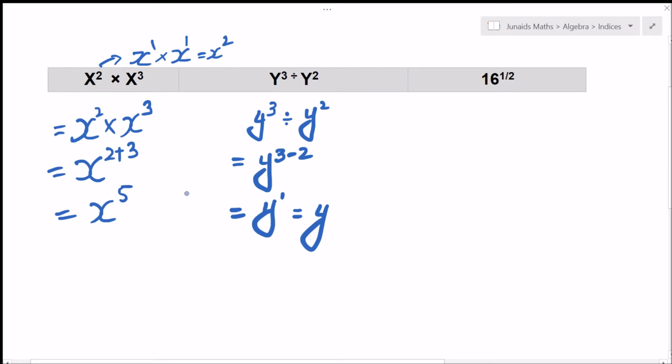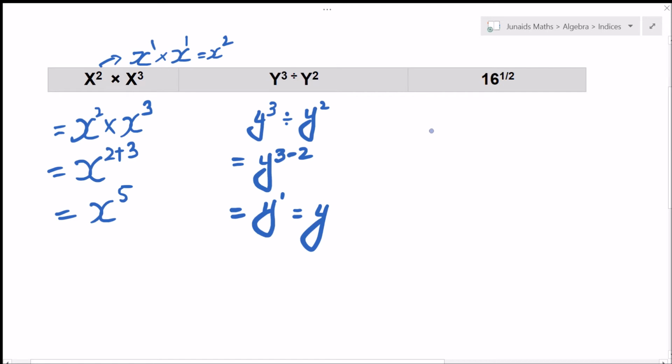Now these were the most commonly seen indices questions. The next question here you would have rarely seen, but is quite commonly coming up in the new specs, is a number with a fractional power at the top.